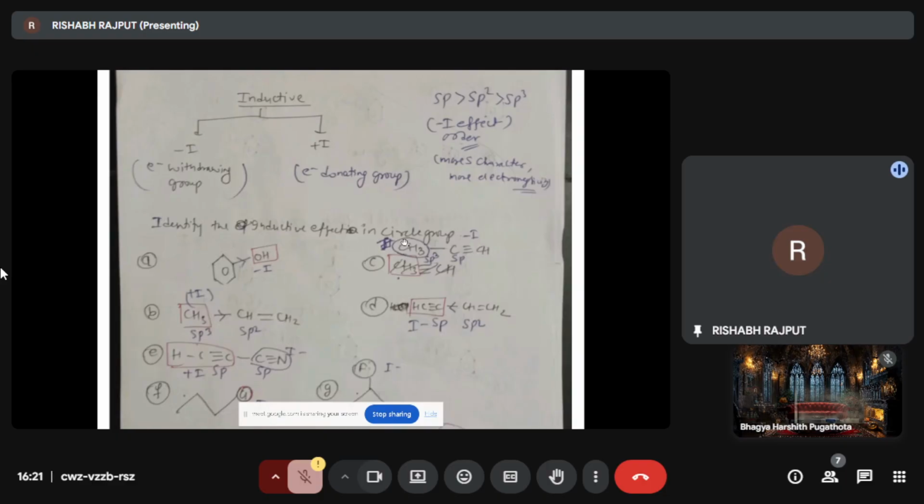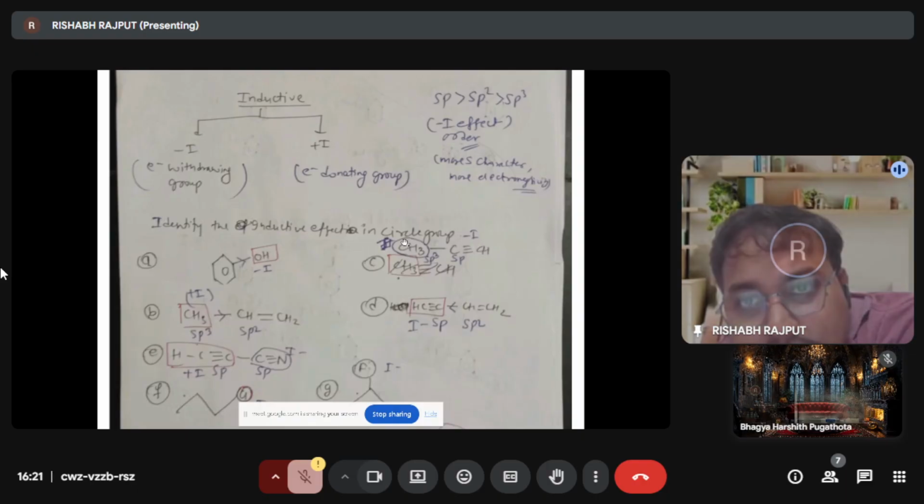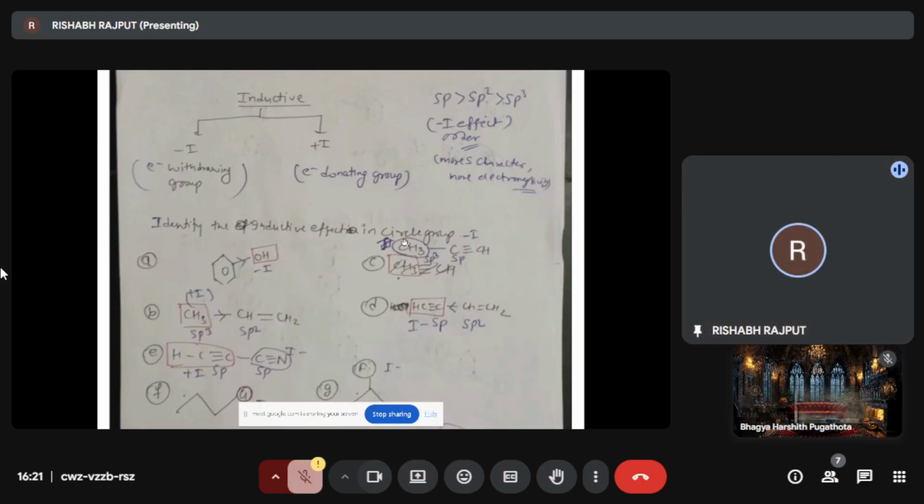Now can you see option D: C triple bond C, then CH double bond CH2.